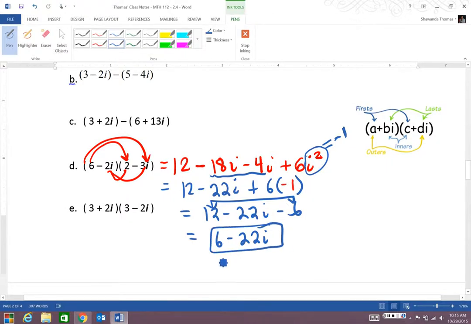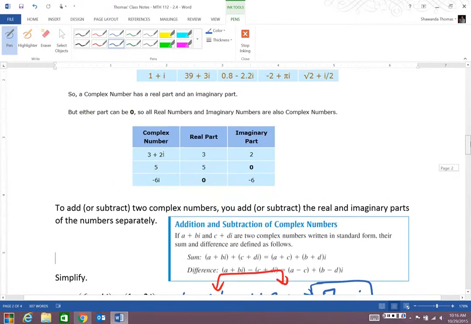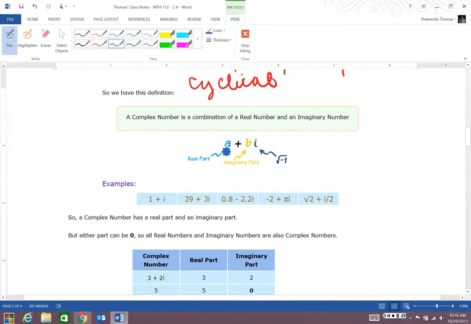And notice I try to write the real part first and the imaginary part second, just because that's how it was written up here. So notice they wrote the real part and then the imaginary part. So try to use that convention.